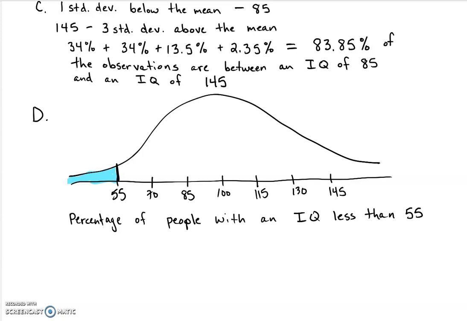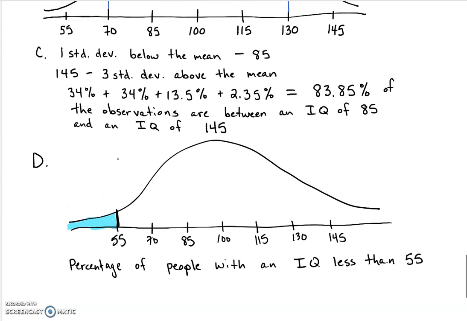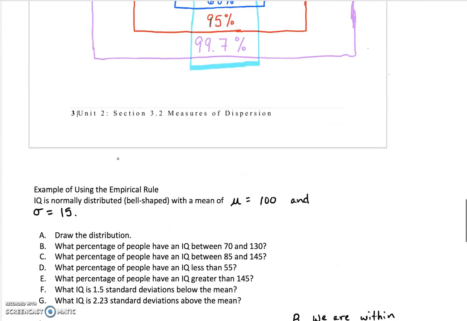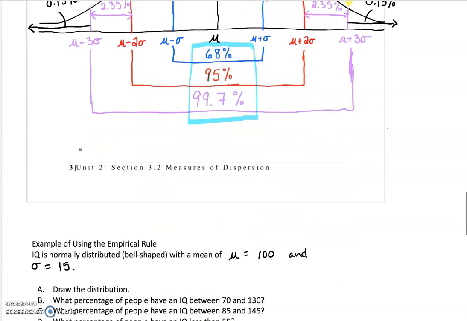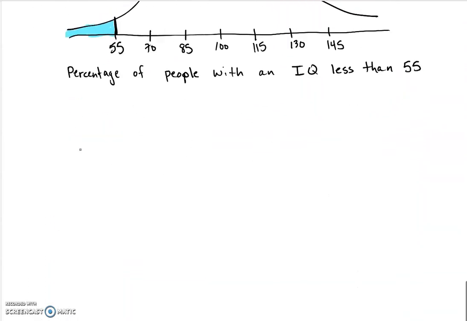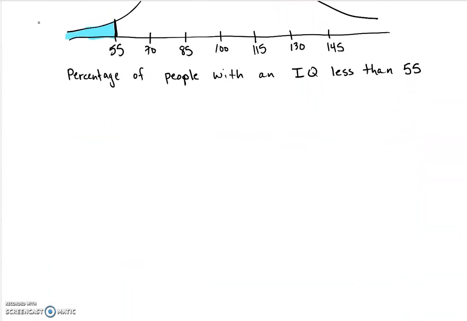So if you recall, that's less than 3 standard deviations. We just need to go back to our other picture, and you see that from 3 standard deviations left on this graph, so from the purple line to the left, is 0.15%. So the answer is 0.15%.